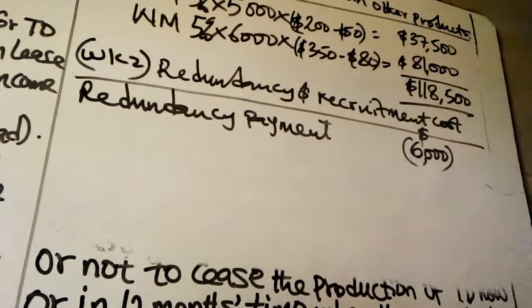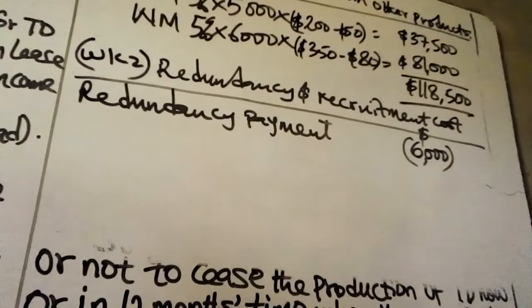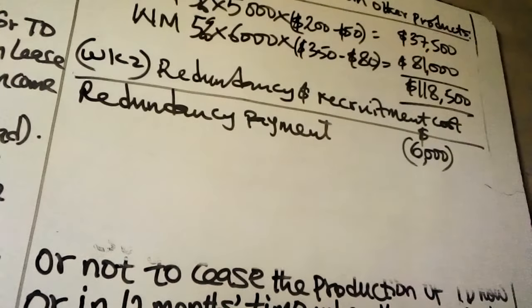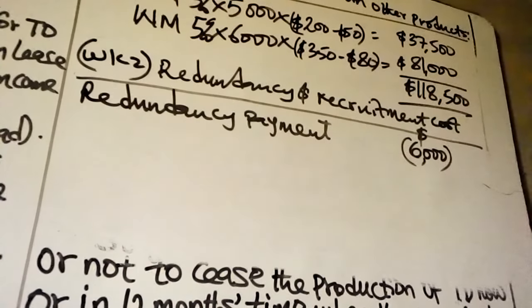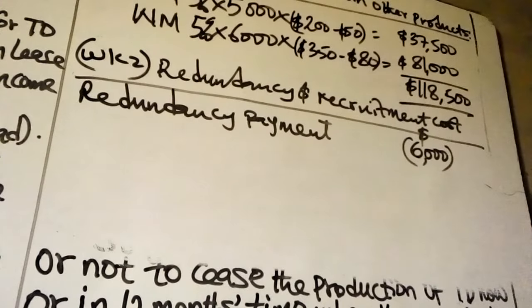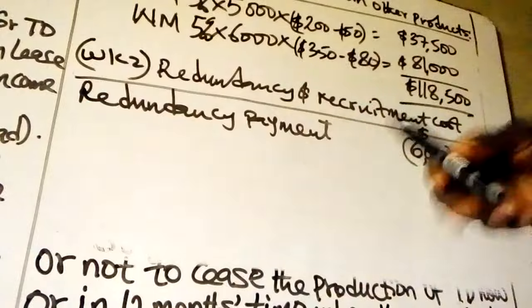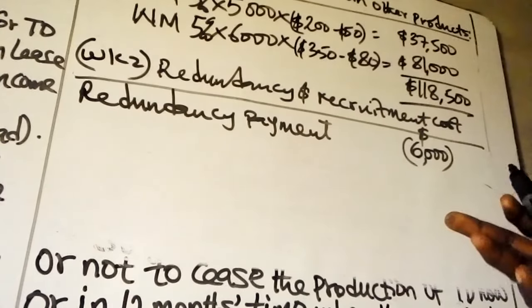Then we also have: if Stay Clean waited for 12 months, the existing labor force will be retained and retrained at a cost of 3,500 to enable them to produce the new washing or drying product. That means if Stay Clean waited for 12 months, but our decision now is to cease it now. If you cease now, that means there will be no need for you to wait for 12 months.